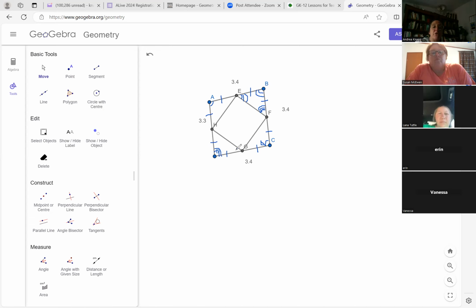And by the same token, we've got an isosceles triangle here, so those are the same as well.